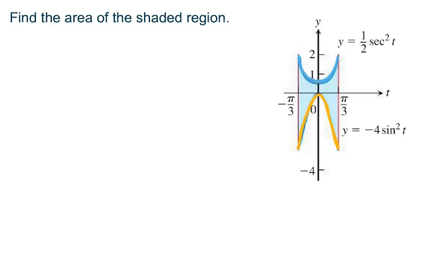To reiterate, instead of having our interval go from negative pi over 3 to positive pi over 3, we can eliminate the left half and just integrate from 0 to pi over 3 and double this. So let's look at setting up and calculating the area between these two curves.